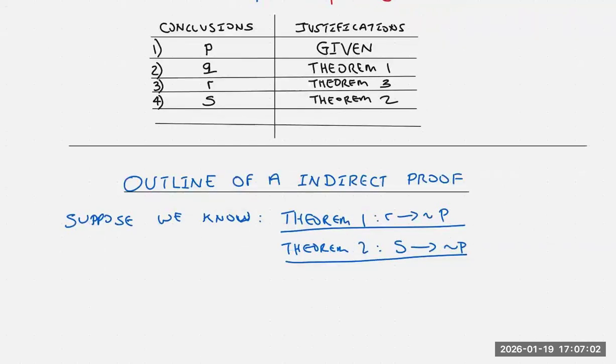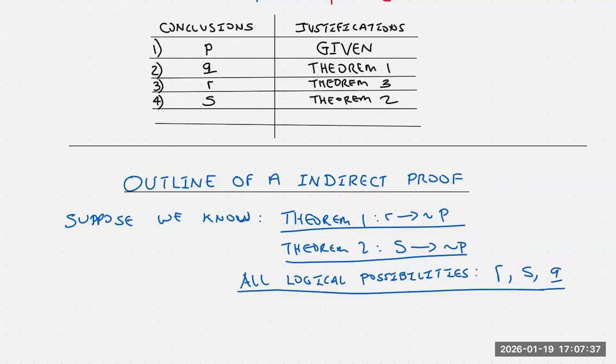And we have some possibilities. All logical possibilities we can get. Just like a while ago, all logical possibilities were, if it's a number, it has to be negative, positive, or zero. Those are logical possibilities. In this case, logical possibilities are either R, S, or Q. So we have these things happening here.